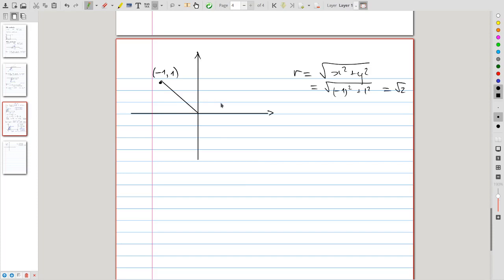Now, theta, on the other hand, is given by our formula here. So theta is the inverse tangent of y divided by x, plus possibly pi. But now let's just go ahead and compute the inverse tangent. So it's inverse tangent of 1 over minus 1.